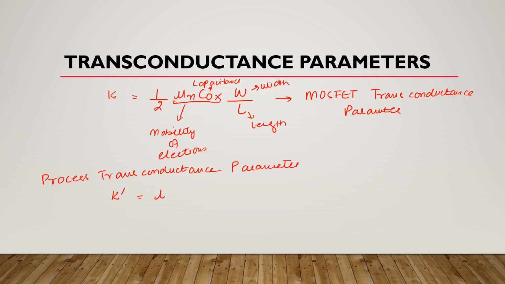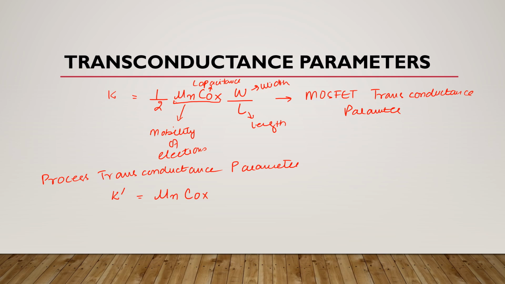It means process transconductance parameter is equal to mobility of electrons multiplied by capacitance of oxide layer. Okay, so this is the difference between MOSFET transconductance parameter and process transconductance parameter.